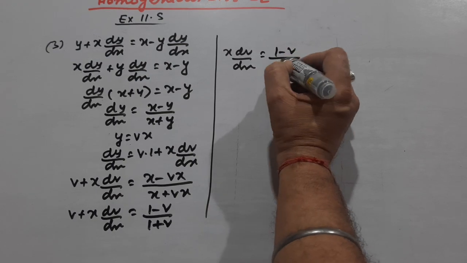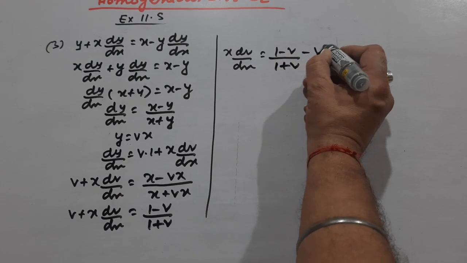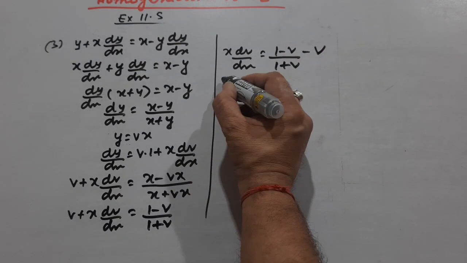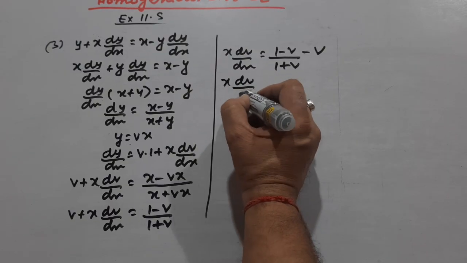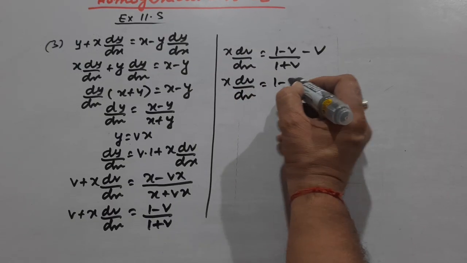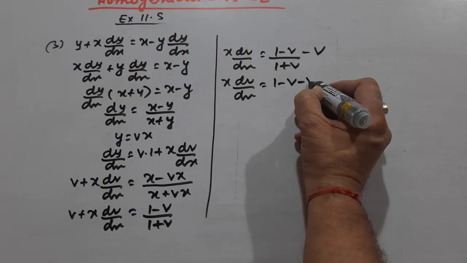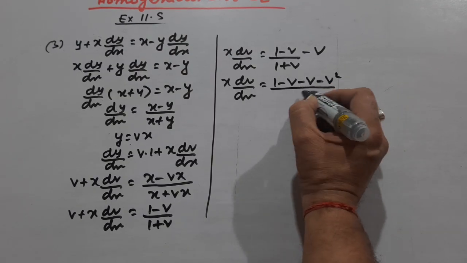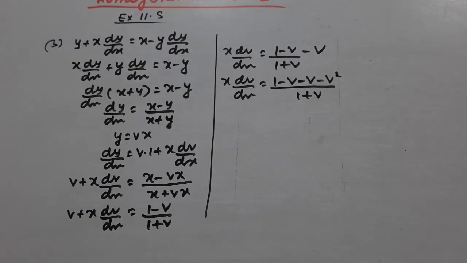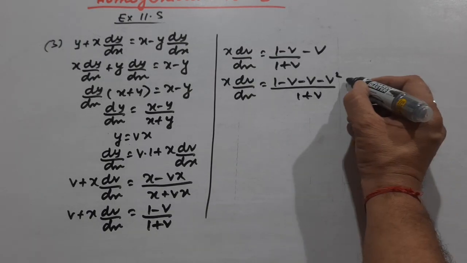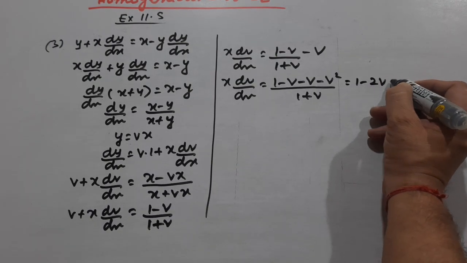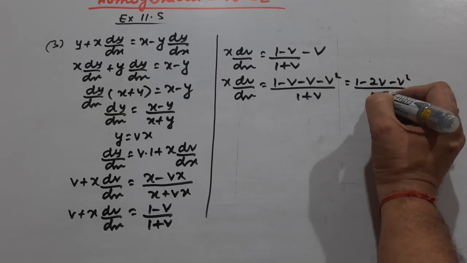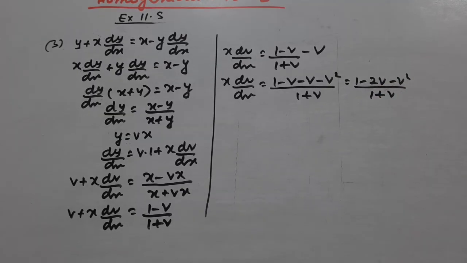Now after that we can write x dv/dx = (1 − v)/(1 + v) − v. So x dv/dx = (1 − v − v²)/(1 + v) after taking LCM. So what we get, (1 − 2v − v²)/(1 + v).